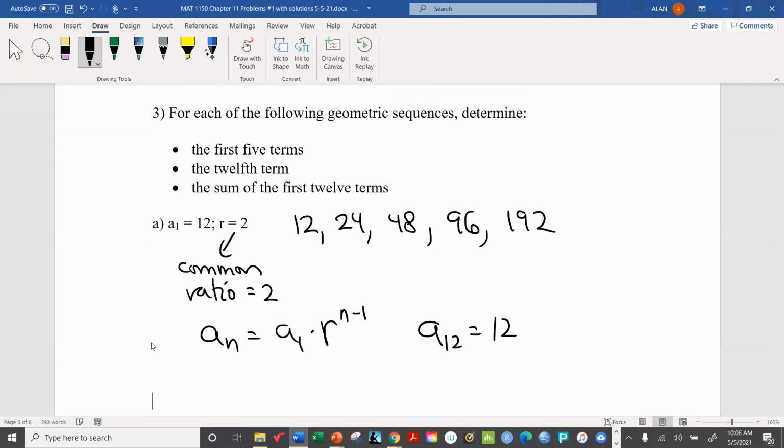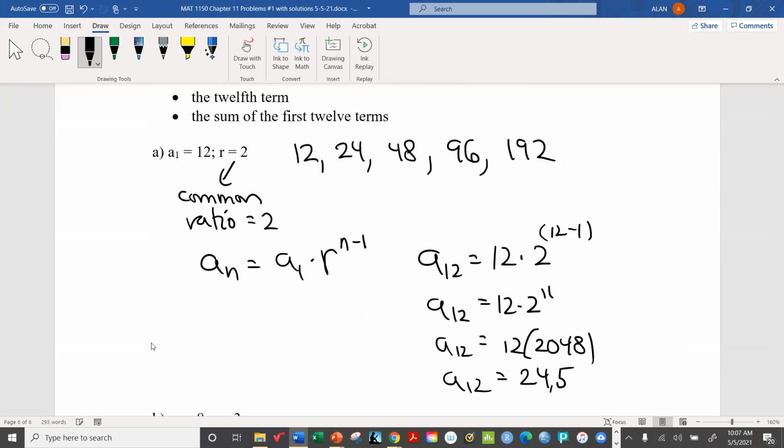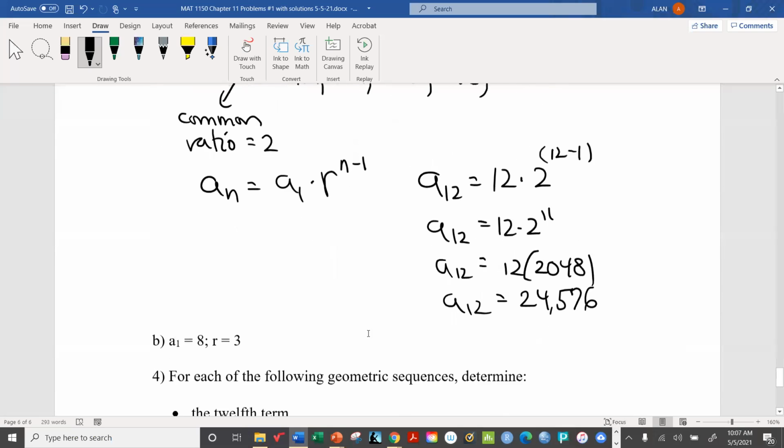We have 12 times 2 raised to the 12 minus 1 power equals 12 times 2 to the 11th, which, as you can see, is going to be a pretty big number. It's actually 12 times 2048. And finally, it's equal to 24,576. All right, very good. So that wasn't too bad.